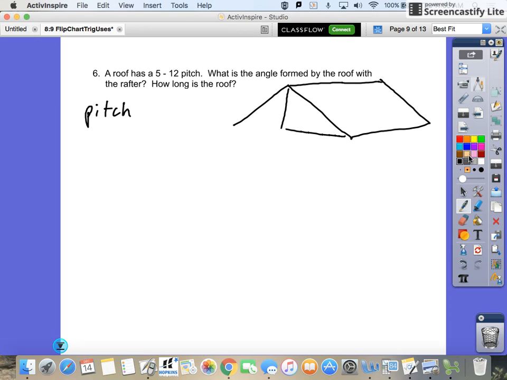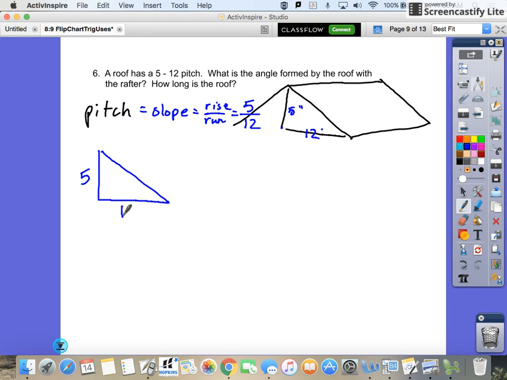So what it's saying is, and this 5/12 pitch is a pretty safe pitch, it's really like slope, which is rise over run. So in this one, it's 5 over 12. It means that this would be about 12, we'll say 12 inches, and it would go up 5 inches. Okay, so if you draw a triangle, this would be 5, this would be 12. That's what the 5/12 pitch means.